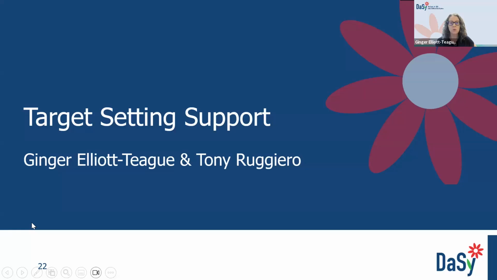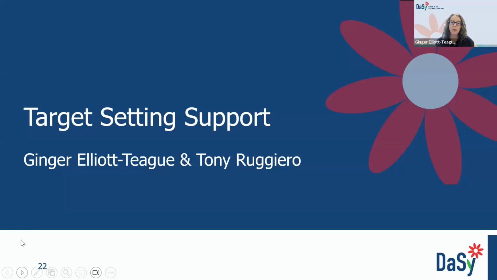And one of these is related to the SPP APR, or the State Performance Plan, annual performance report process. So we do review APRs every year, if you're interested in that. But what we're going to talk about today is how DaSy can support your target setting efforts.